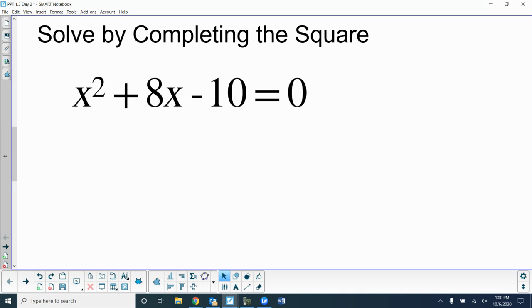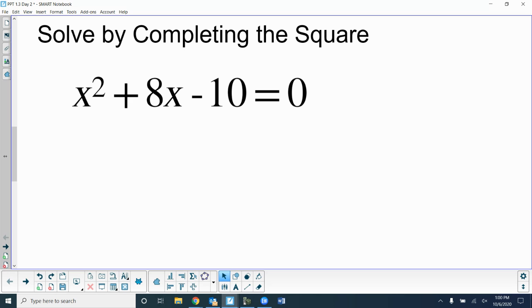What must be happening for us to use completing the square? The A, the one in front of the x squared, yeah. That has to be a 1. So that's the first thing you look at.